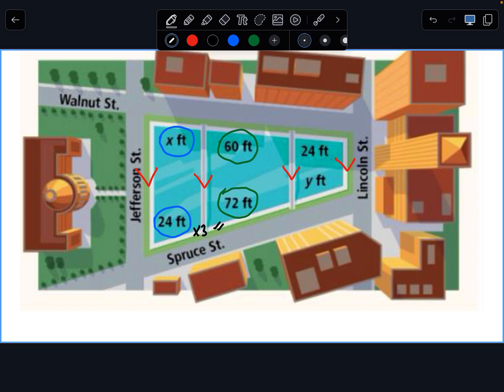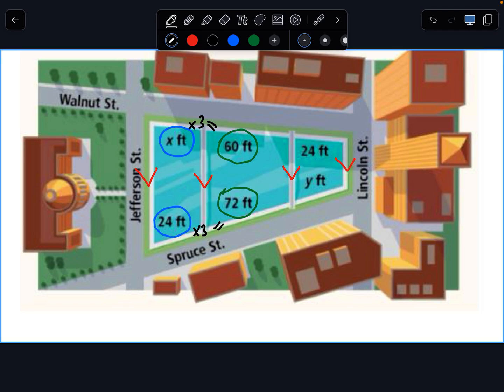So that means X times 3 would have to give me 60. Well, you can figure out what that is automatically because just by thinking about it, I can know that 20 times 3 would give me 60. So X has to be a length of 20.